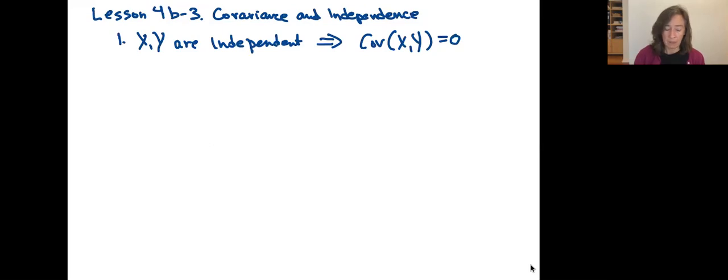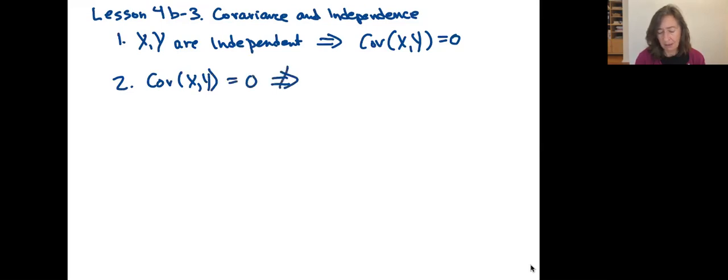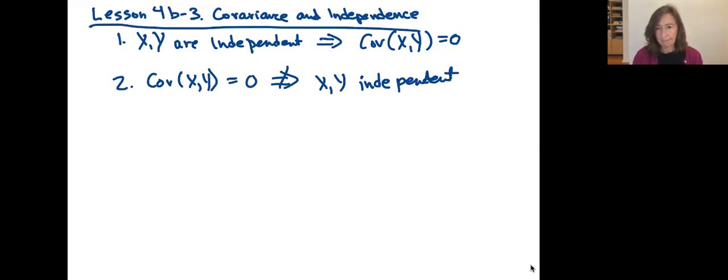That's great. Thing 2, though, less important, more just like a fact, is that the covariance of X and Y being 0 does not necessarily imply that they're independent. So I'll do both of these things.